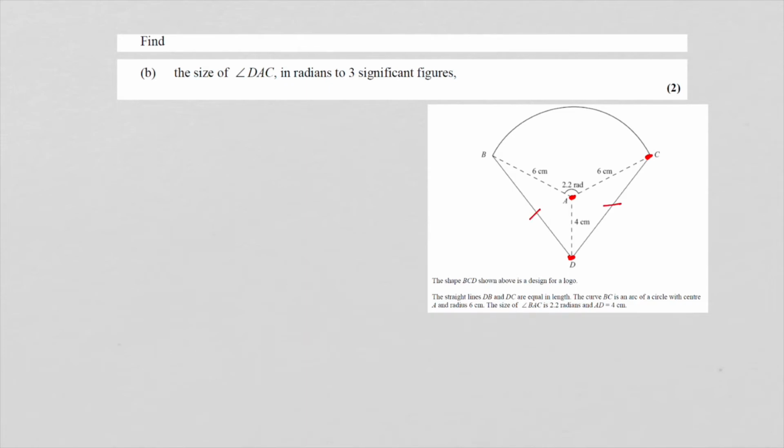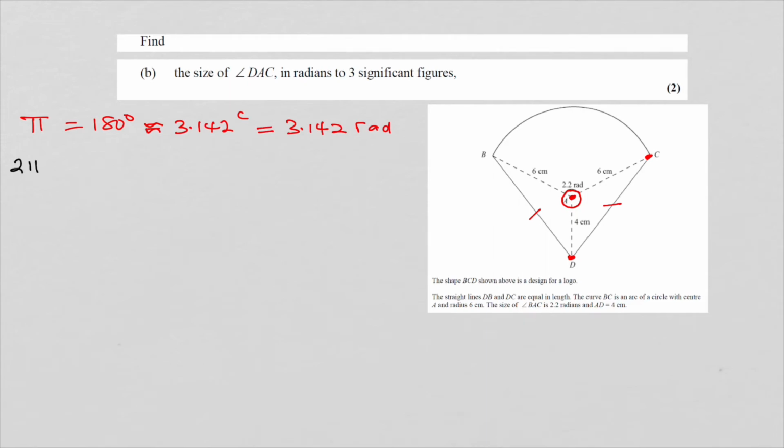So the total angle of a circle is 360 degrees, and that's 2 pi. Pi equals 180 degrees, which is 3.142 radians, approximately. So that's what pi is.